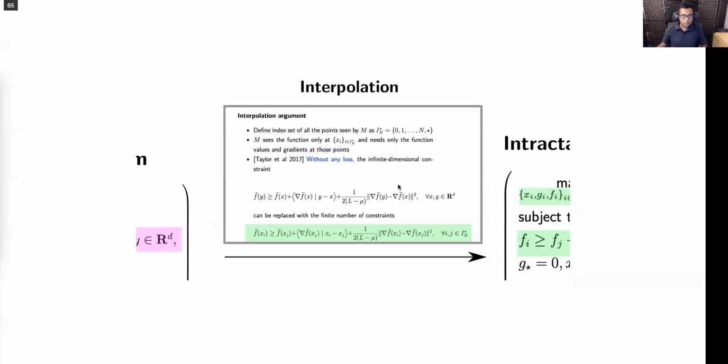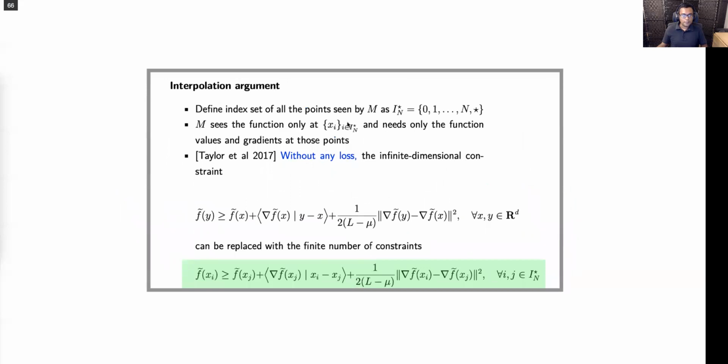In other words, even though the function f tilde is infinite dimensional, our method M is seeing the function f tilde only at those points. So x_i, i in I_N star, means that it is only evaluating the function at those points, x0, x1 until xn, and then x star.